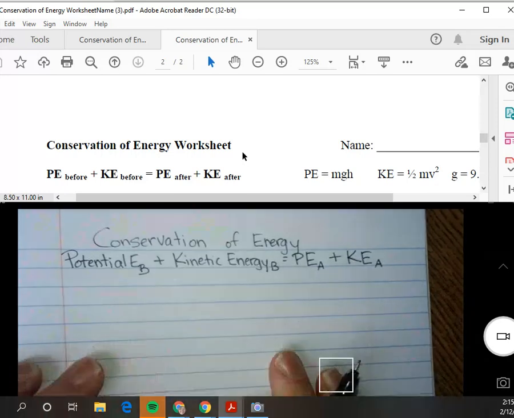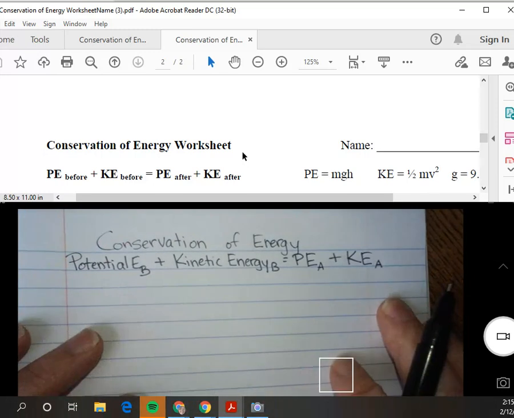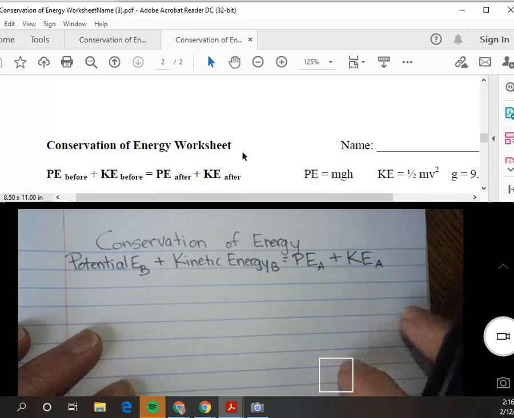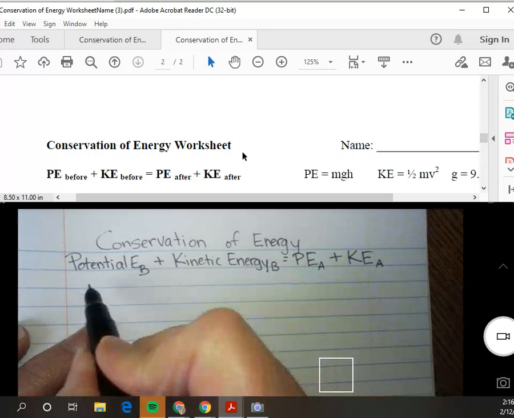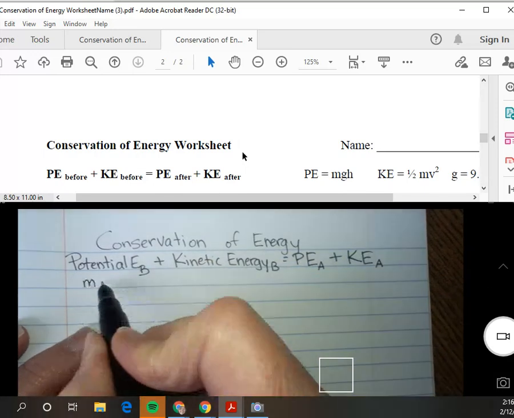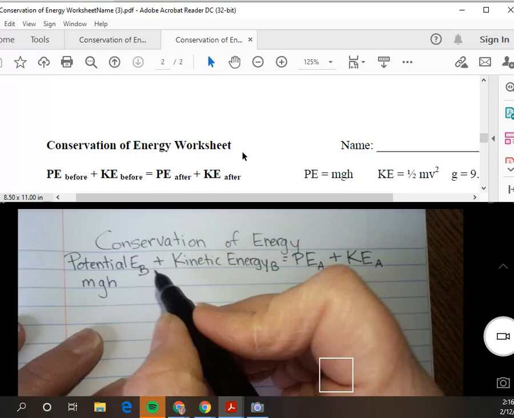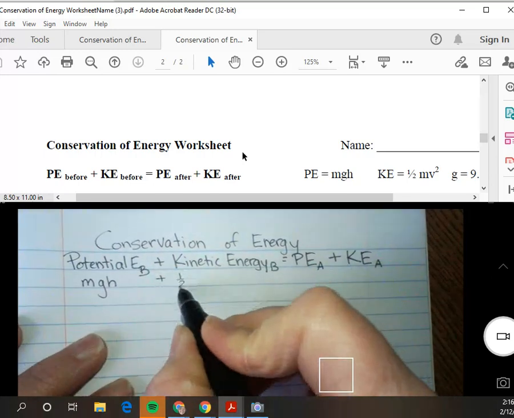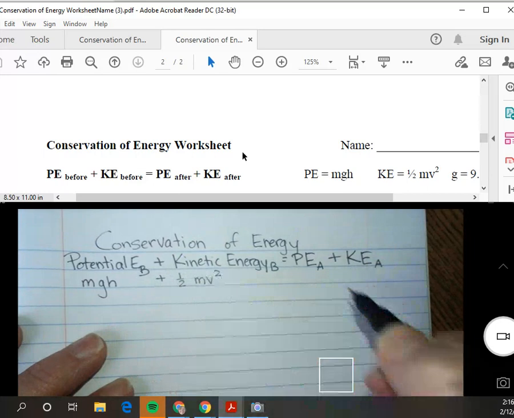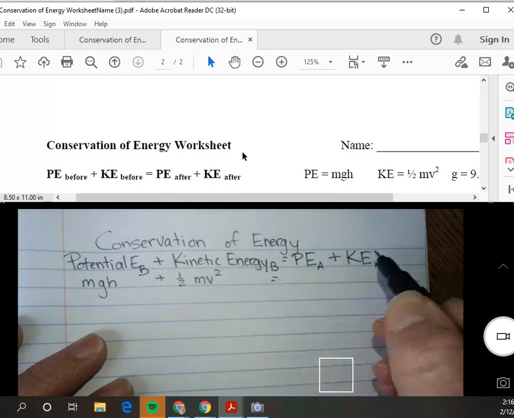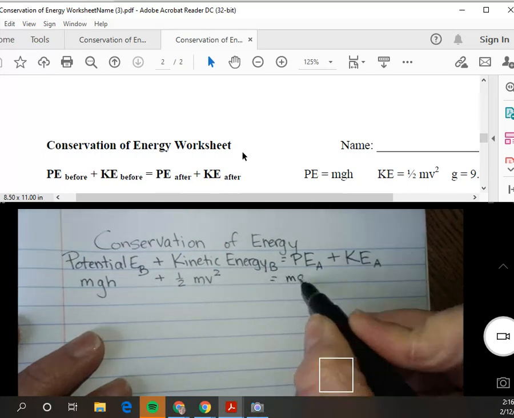Now, there could be a whole lot of math going into this, because sometimes we're going to have to plug in the formulas that we have used before. All right, so you want to be really mindful of that.